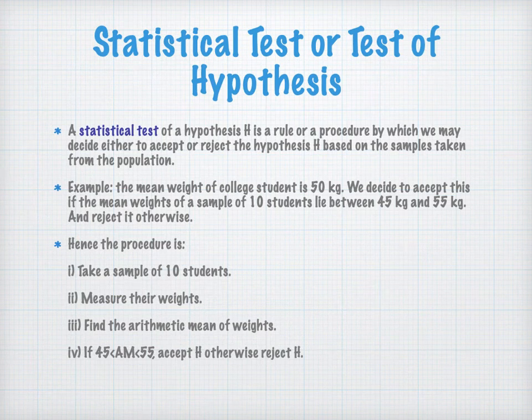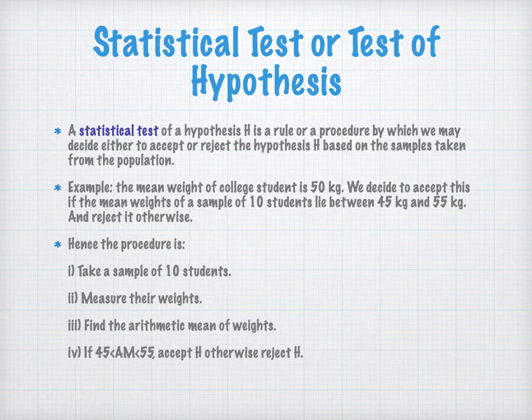Now, what is a statistical test? A statistical test, or a test of hypothesis, is a rule or a procedure by which we can come to a decision. So it is a decision taking procedure, and that procedure is what we call a statistical test or the test of hypothesis. Our hypothesis was that the mean weight of the college student is 50 kg. So to accept or to reject this hypothesis, we need some procedure.